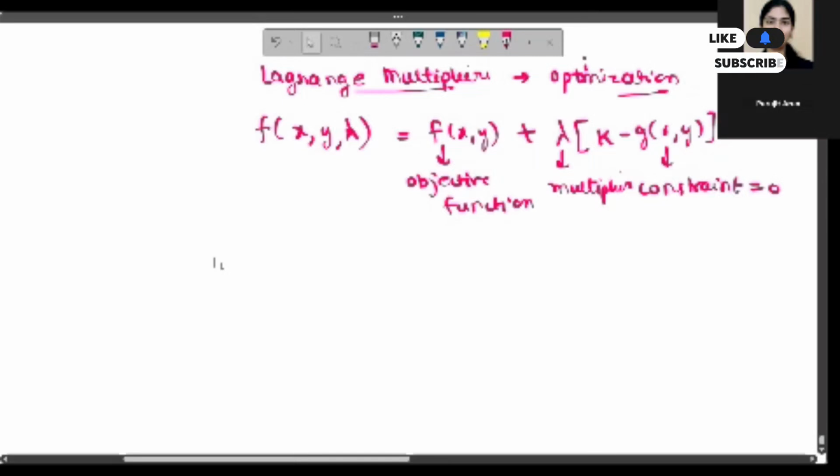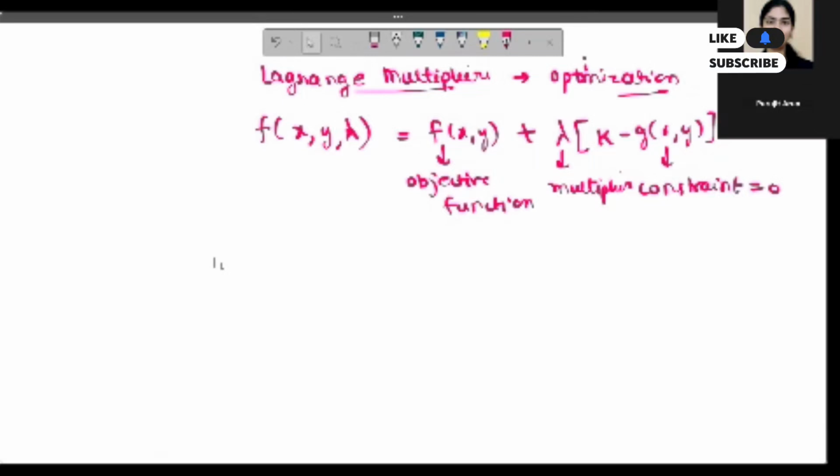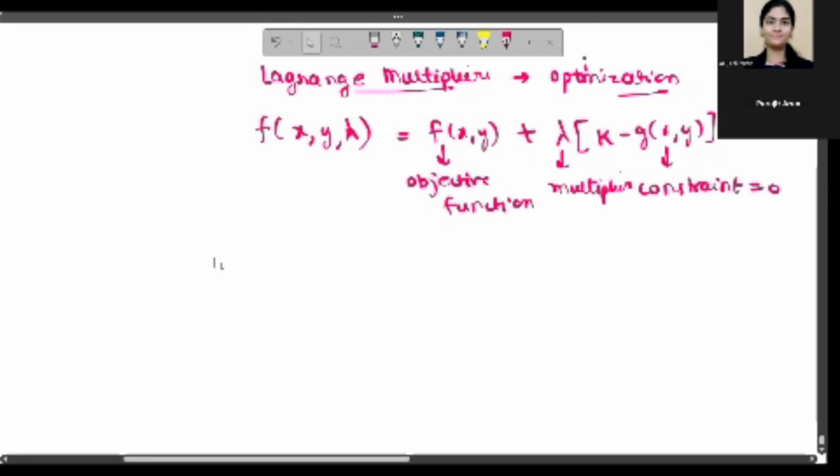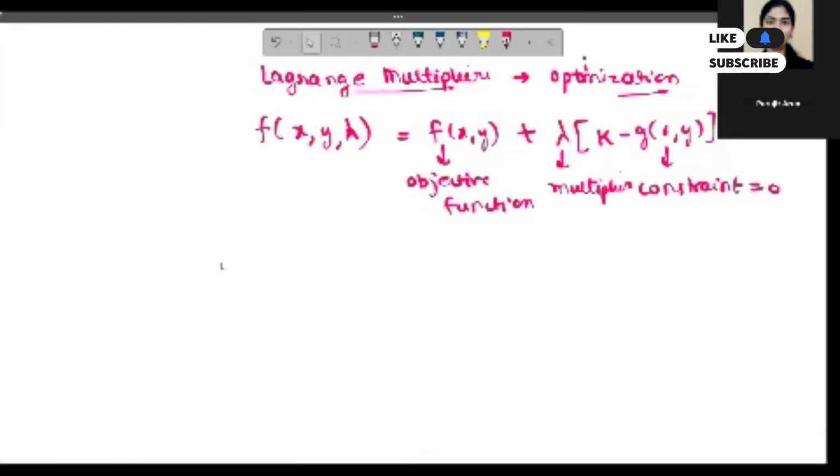You have a question: 4x square plus 3xy plus 6y square. This is z, okay?